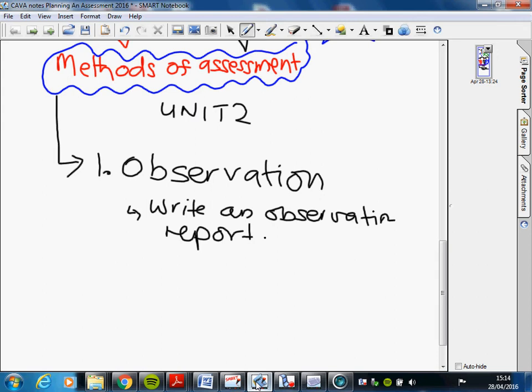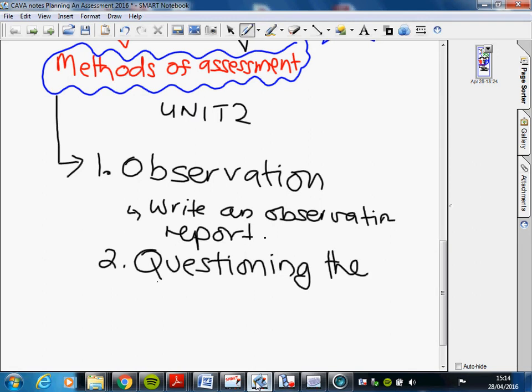In this piece of evidence also, we expect you to incorporate questioning the learner. Questioning your learner, this is where you have a set of questions that you can ask your learner, maybe to cover evidence which cannot naturally occur through a demonstration or observation, or to test knowledge and understanding.